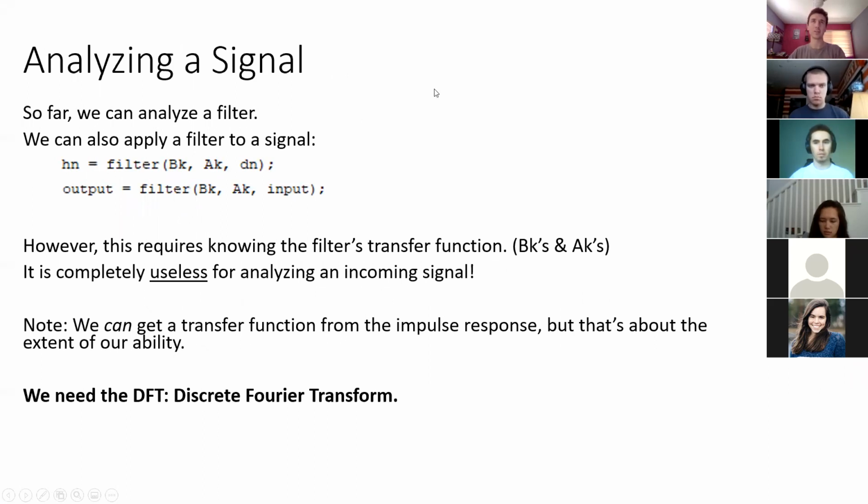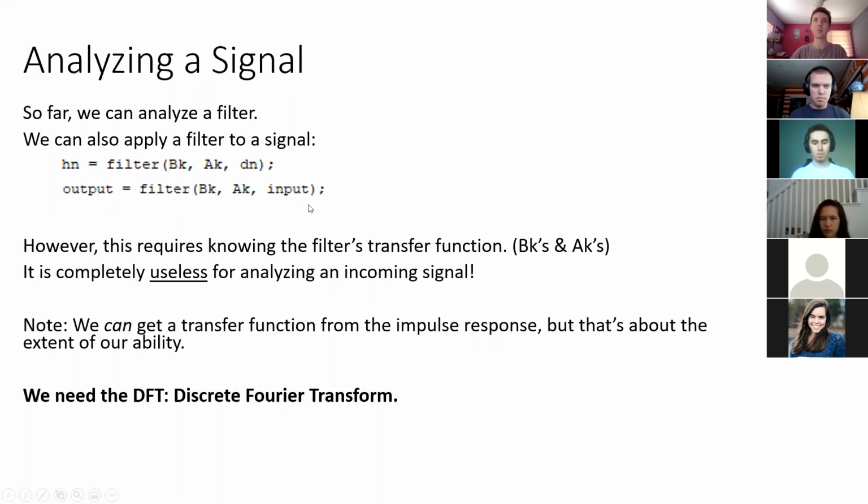This brings us to the second thing, analyzing the signal. We can apply the filter: you have BK, AK, and your input, and that gives you an output. MATLAB or Octave or whatever you're using will just run that difference equation and brute force the calculation.